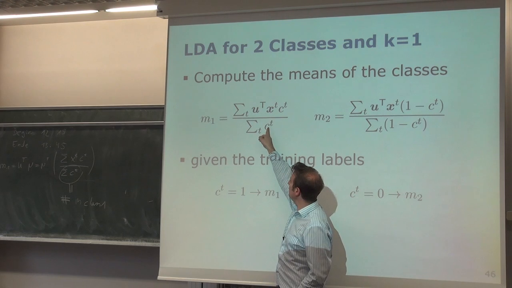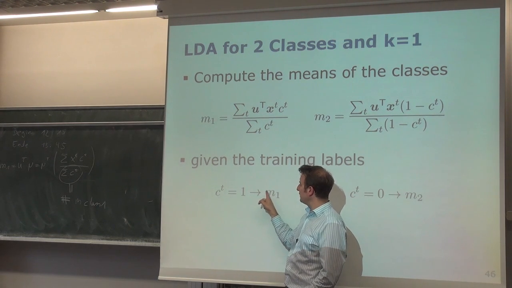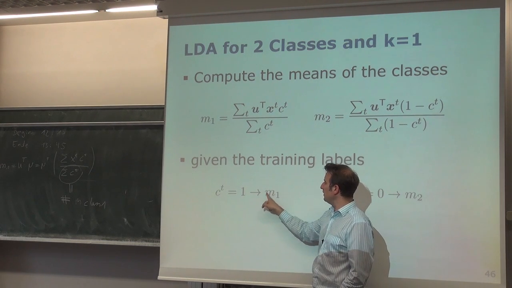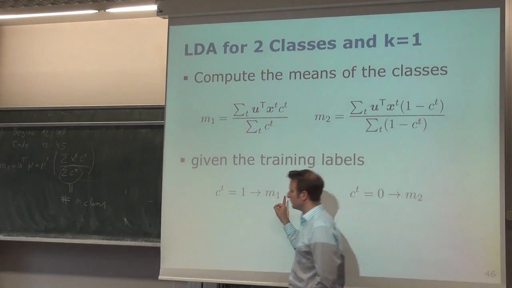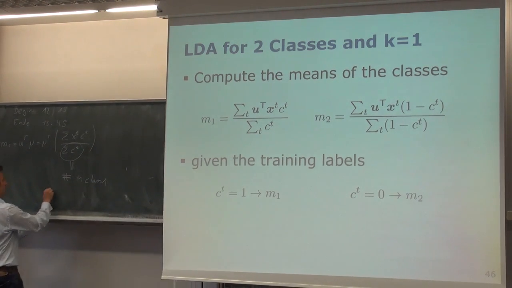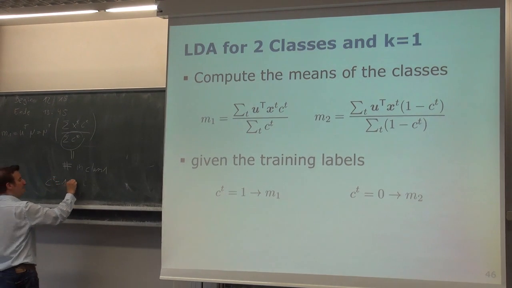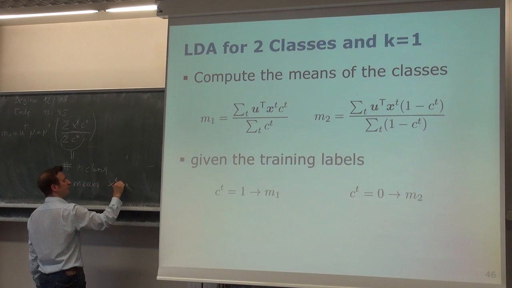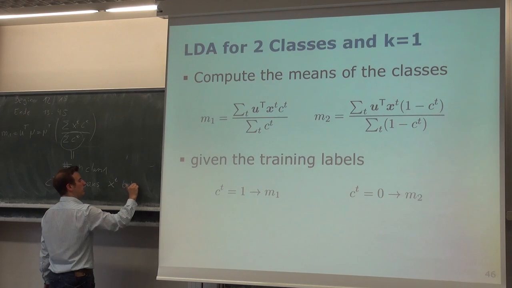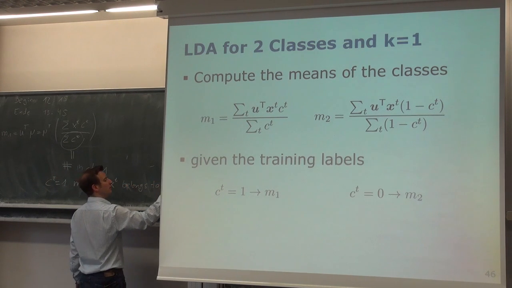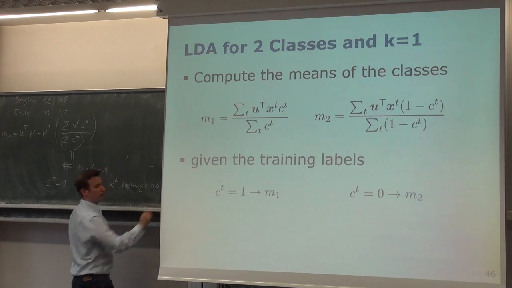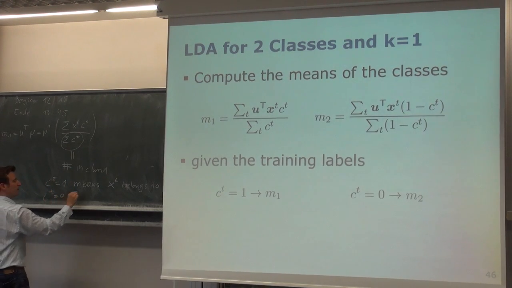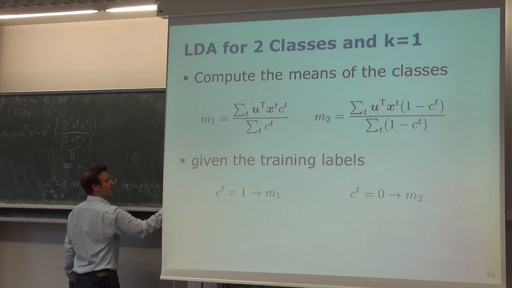So ct equals 1 means, okay, maybe this was too short, I should have written it better: ct equals 1 means xt belongs to class 1. Can you read that? And ct equals 0 means xt belongs to class 2.